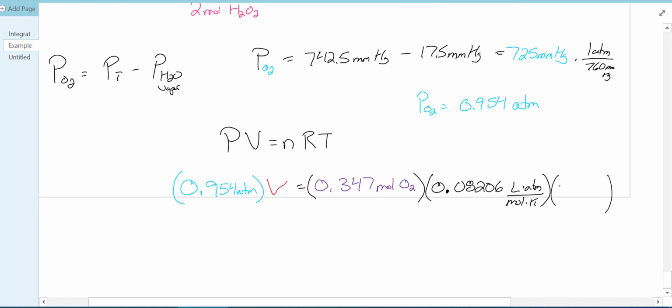Well, 273 plus 20 is 293. However you want to do that, you can leave it in the parentheses as 273 plus 20, or 293. If you want to use 293.15, you can, or 293.2, because technically you could do that.